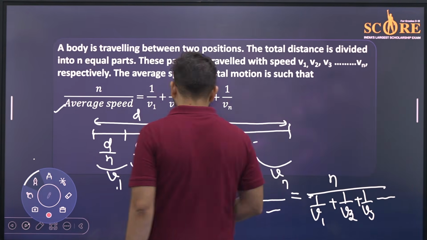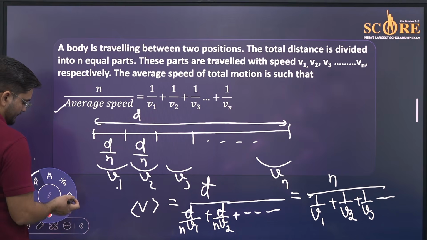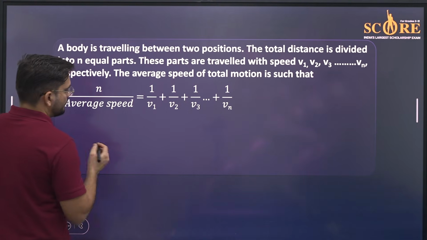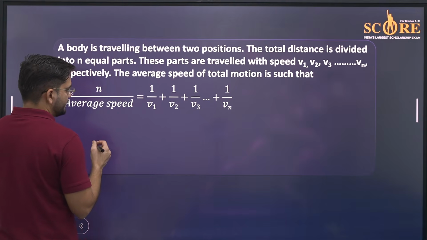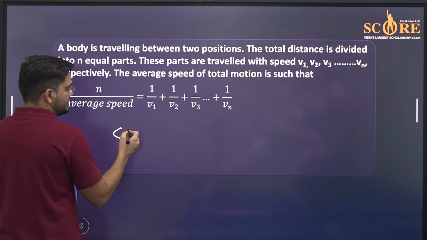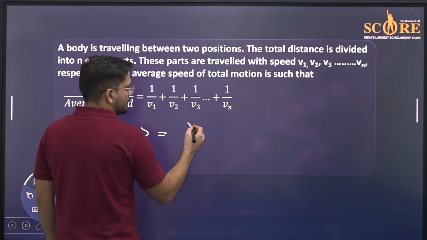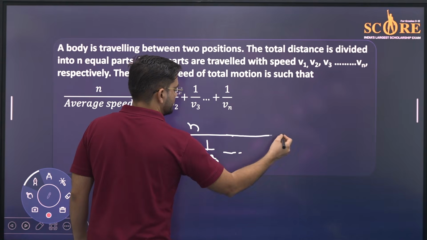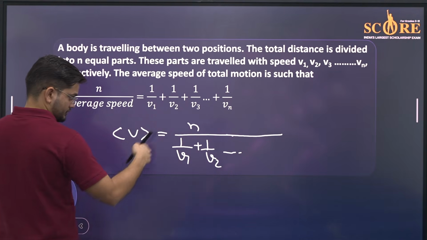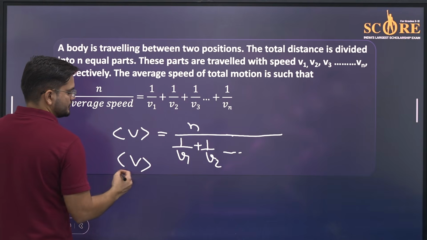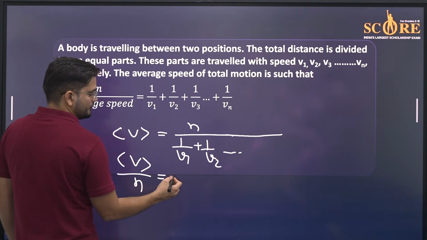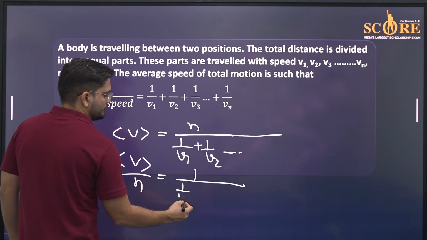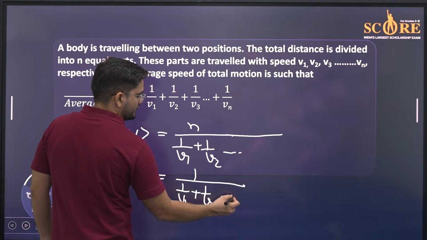So by further calculation, V average divided by n will be 1 upon v1 plus 1 by v2 plus 1 by v3.